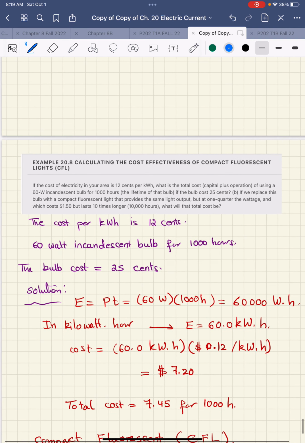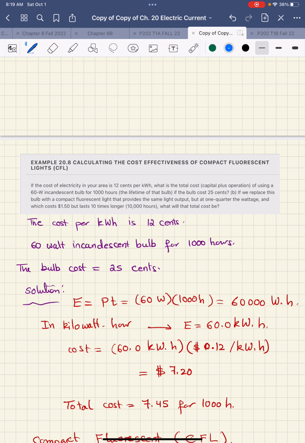This is the last question here. If the cost of electricity in your area is 12 cents per kilowatt hour, what is the total cost, capital plus operation, of using a 60 watt incandescent bulb for 1000 hours? This is the lifetime of that bulb. The bulb costs 25 cents.